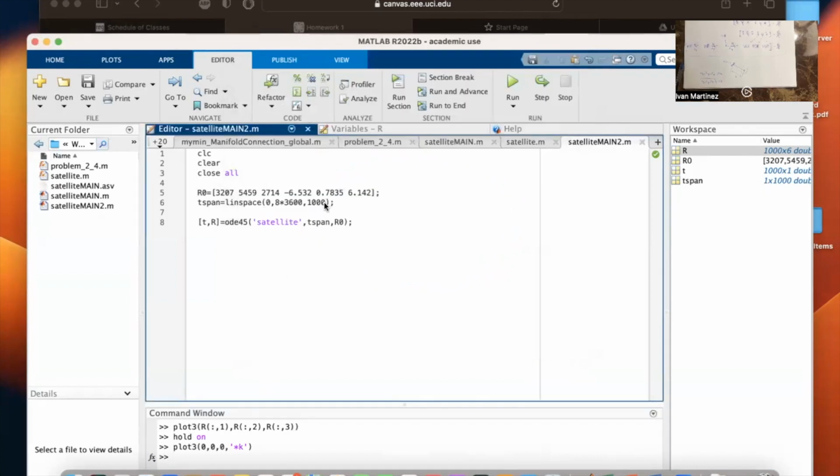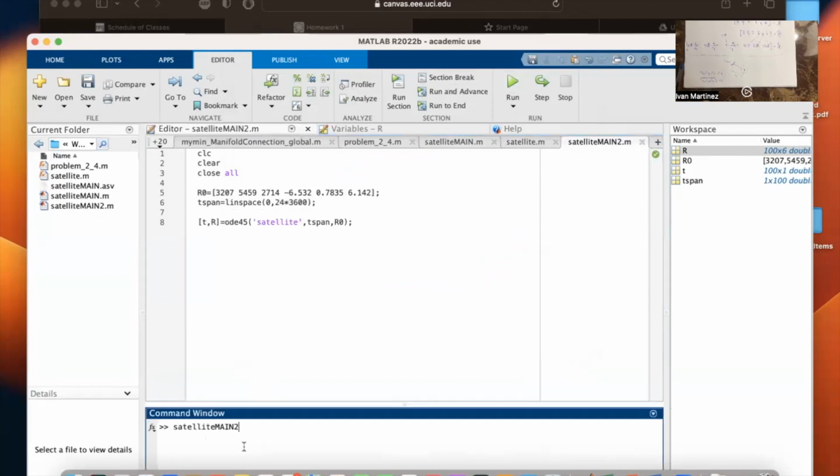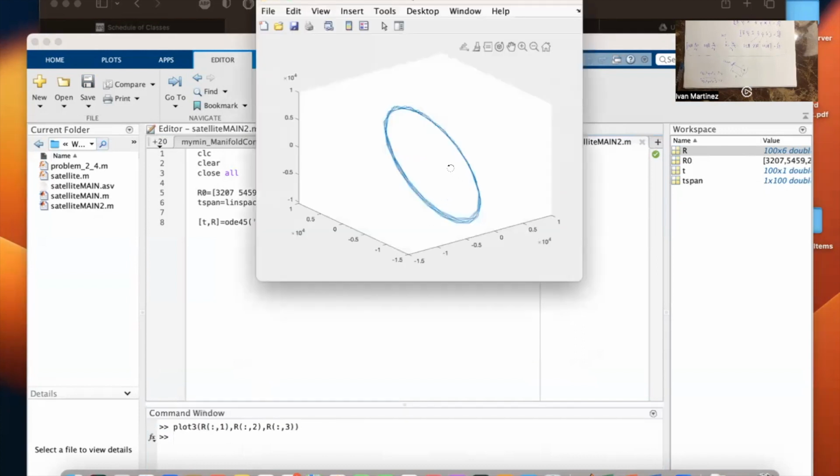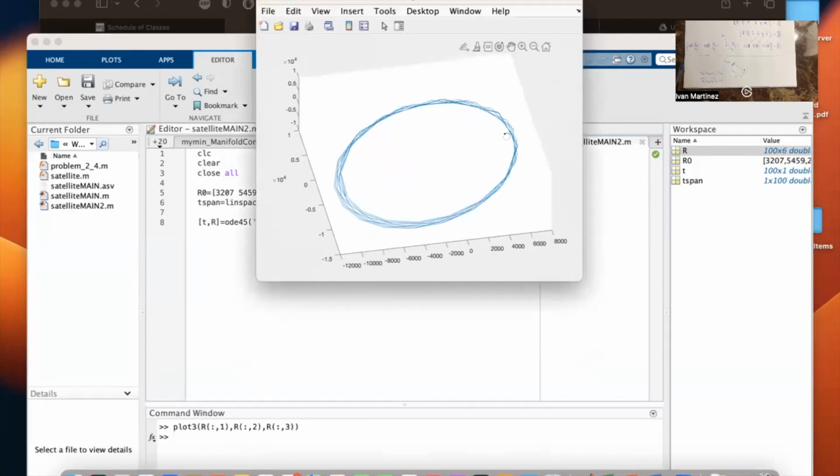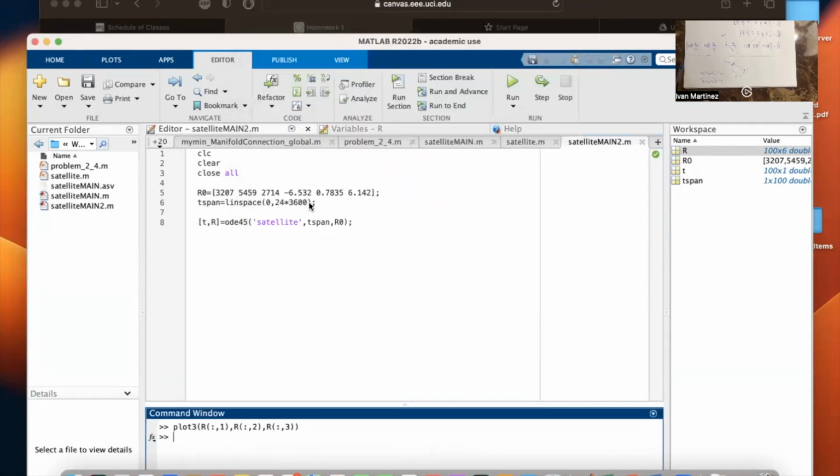So let me go back to 100 points in 24 hours, just real quick. What were we seeing with this? We were seeing a very ugly plot. This is because there's not enough points. How do you fix that? You add more points in here.